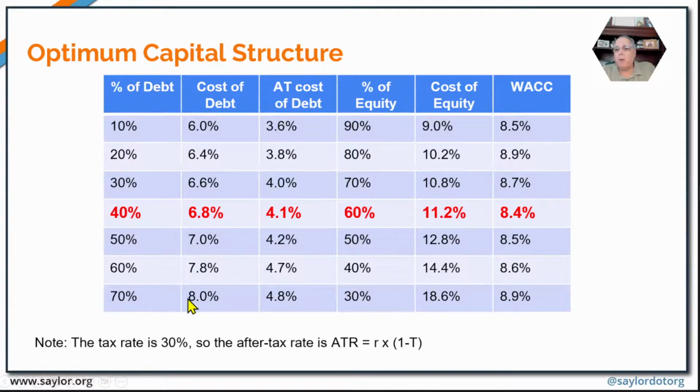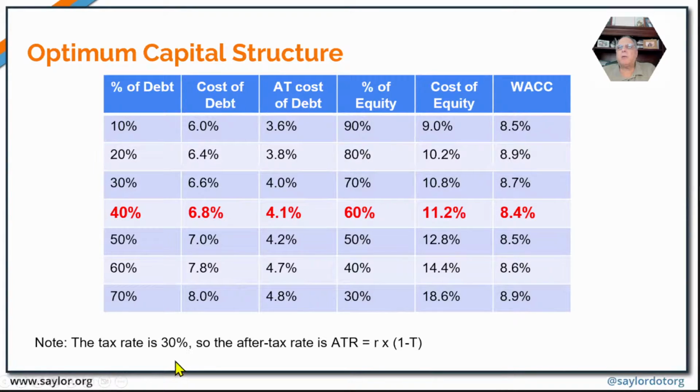Because the more debt you borrow, the greater the risk to the lender, their expectation of return is greater, and interest rates are higher. We're also going to allow for the fact that the cost of debt, or the interest rate, has that tax shield. So depending on what the firm's tax rate is, we're going to take the benefit of that tax rate to reduce the cost of debt.